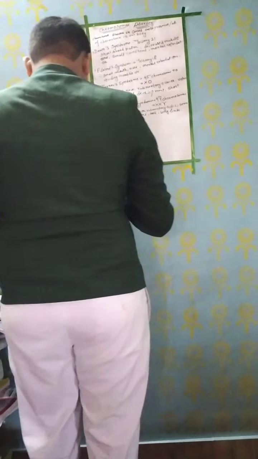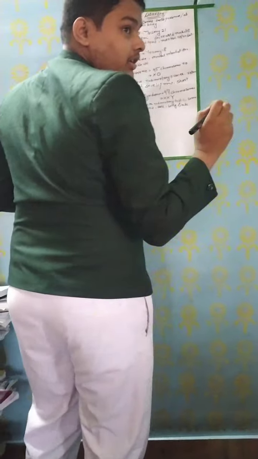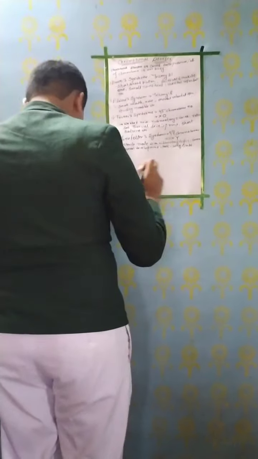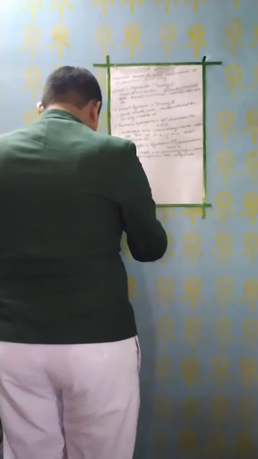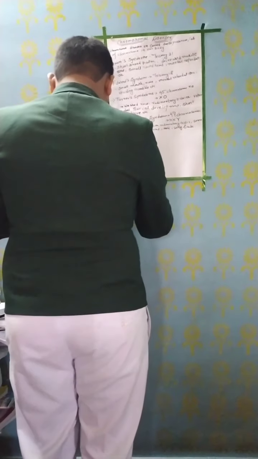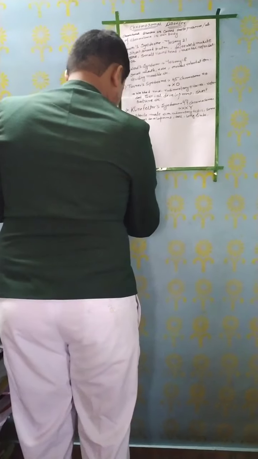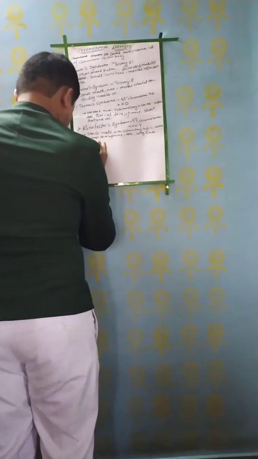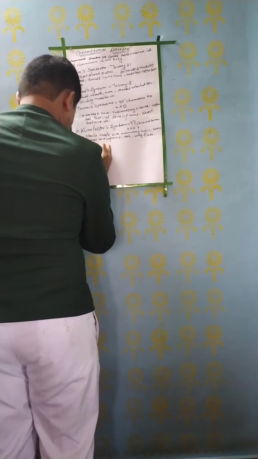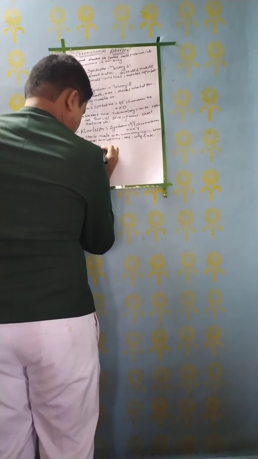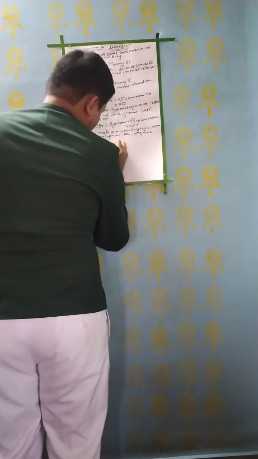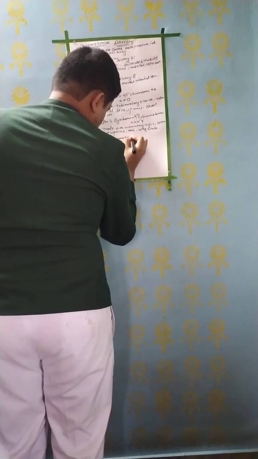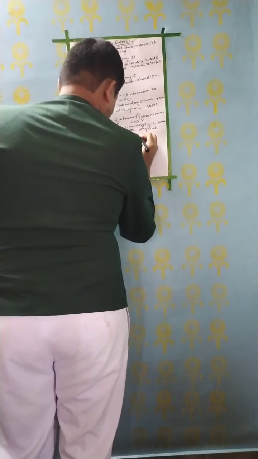Now I will come to Philadelphia chromosomal disorder. This is such a chromosomal abnormality that causes chronic myeloid leukemia.